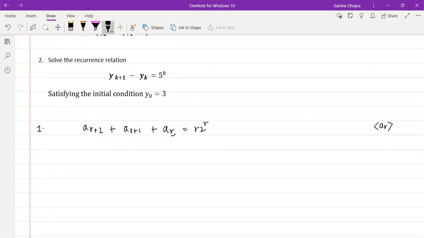If I talk about the nature of this recurrence relation, it is a linear recurrence relation with constant coefficients and it is non-homogeneous in nature.